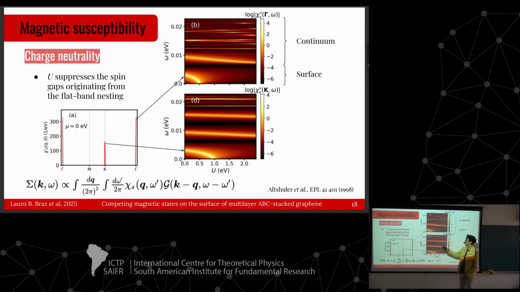So what you see here are the resonances of the susceptibility related to the poles and therefore the self-energy. There is an entire region which is just a continuum contribution of several different electron-electron interactions from different kinds of scattering momentum. But then at low energy, there is this surface contribution.